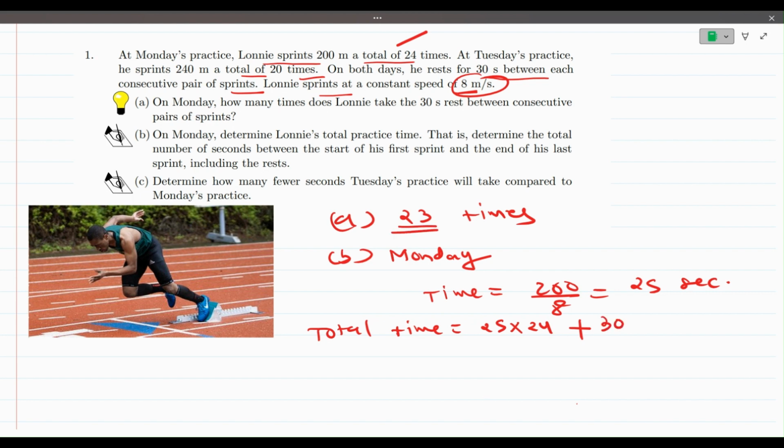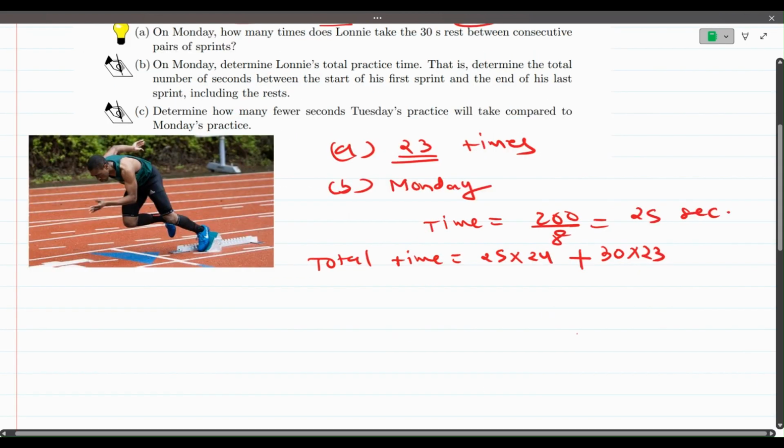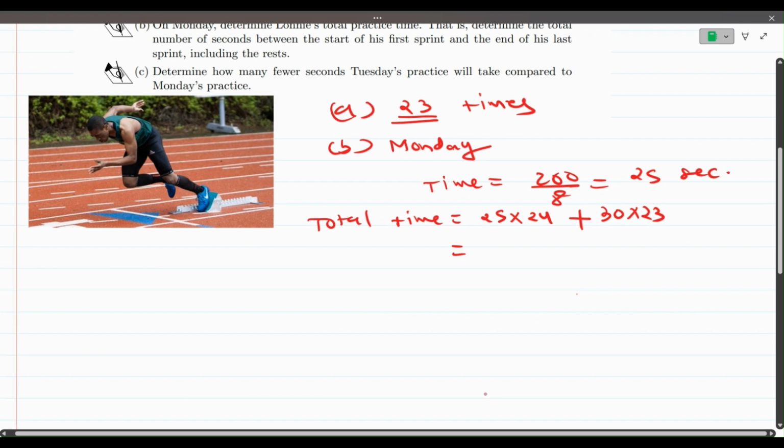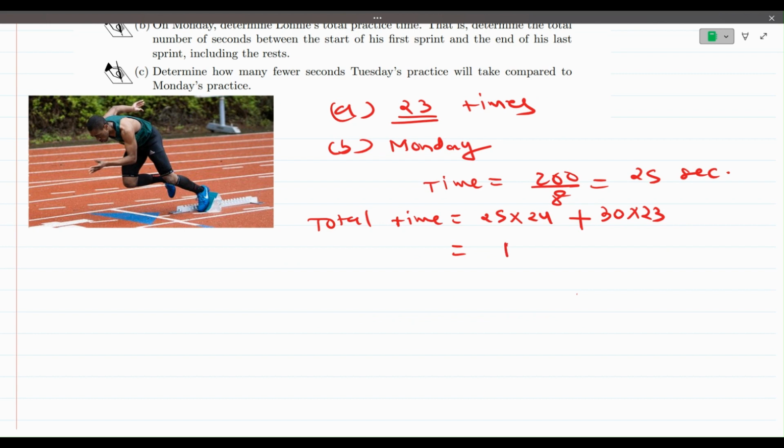So 30 times 23. That's going to be 1290.